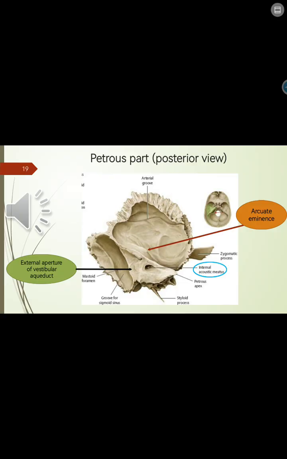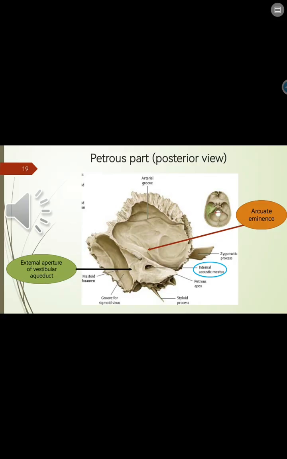And about the posterior surface, it contributes to the posterior cranial fossa. It is a simple surface where the opening of the internal acoustic meatus lies near its center. A small canal is here.